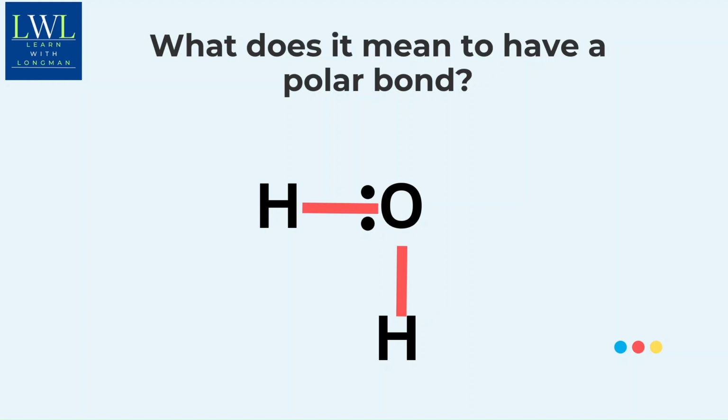As a result, the oxygen obtains a partially negative charge, as it is rich in negative electrons, while the hydrogen gains a partial positive charge, as it lacks electrons relative to the number of protons in the nucleus. This produces a positive pole and a negative pole in the bond, and hence the term polar bond.